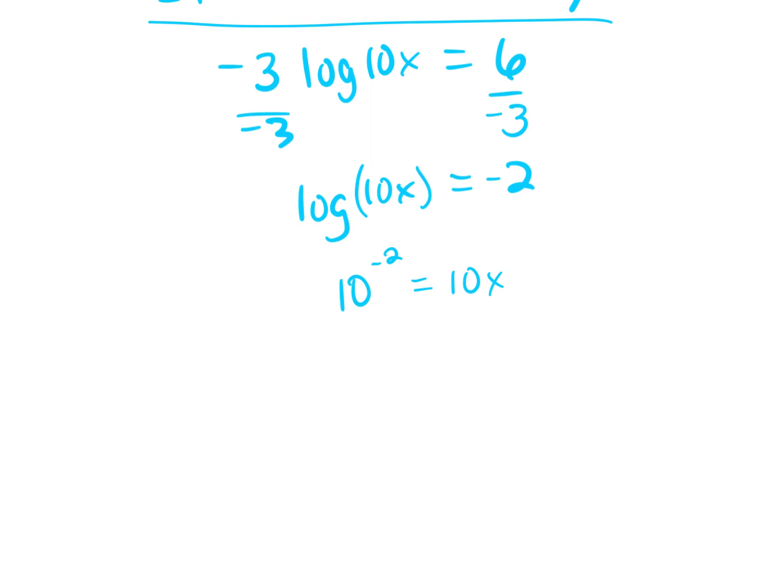Okay, 10 to the -2, that is equivalent to 1/100 equals 10x. So in order to solve here, we're going to multiply by 1/10. So we're going to get that x is 1/1000.